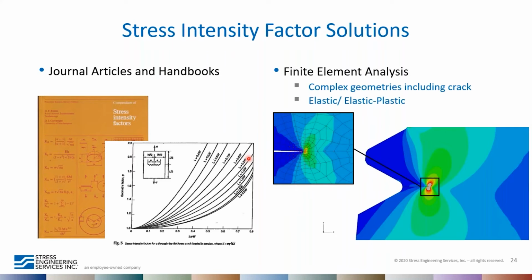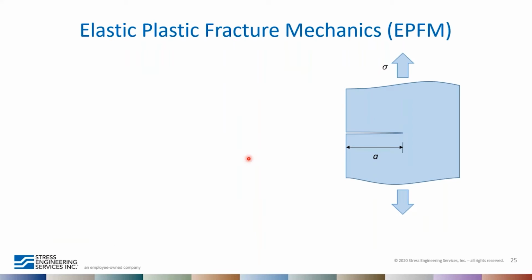And finally, it's possible to determine solutions directly using finite element modeling of the component. The good thing about finite element analysis is that it's possible to capture more arbitrary geometries and determine the stress intensity using those. And then it's also possible to do linear elastic as well as elastic plastic fracture mechanics.